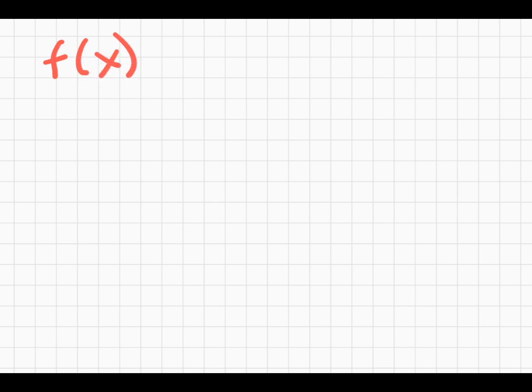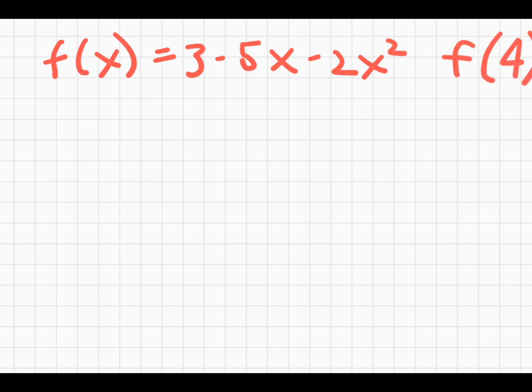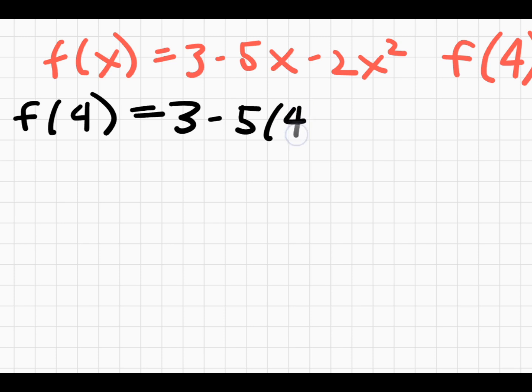So for our first problem, we have f of x is equal to 3 minus 5x minus 2x squared. Find f of 4. So we plug in the value 4. 3 minus 5 times 4 minus 2 times 4 squared.